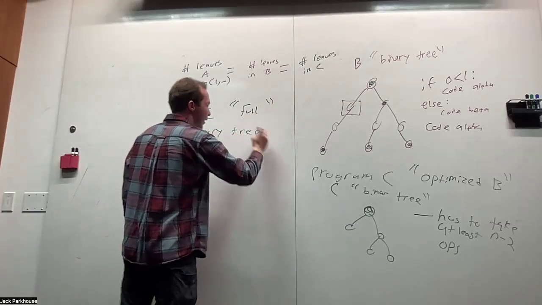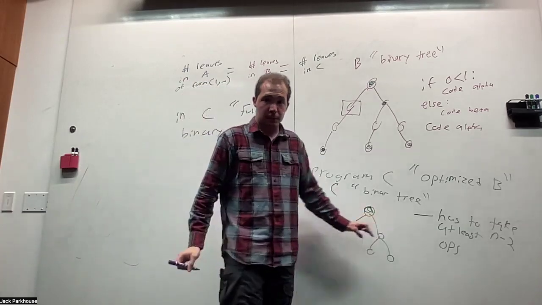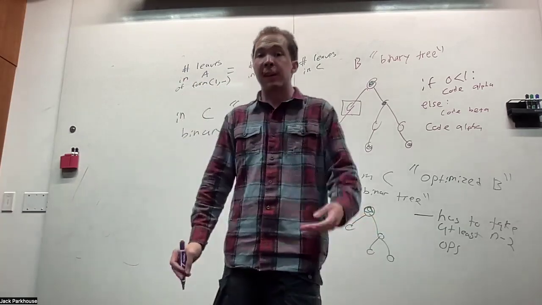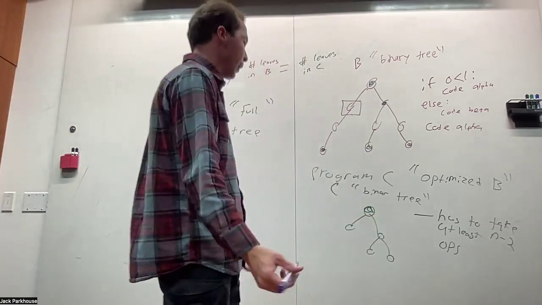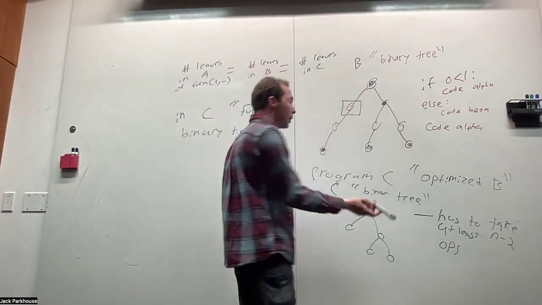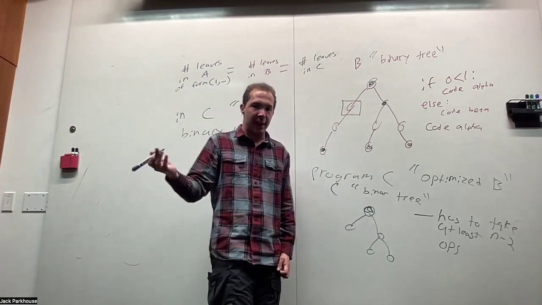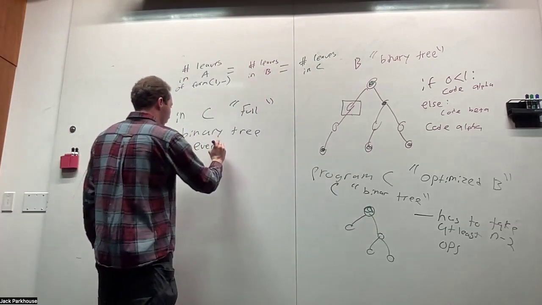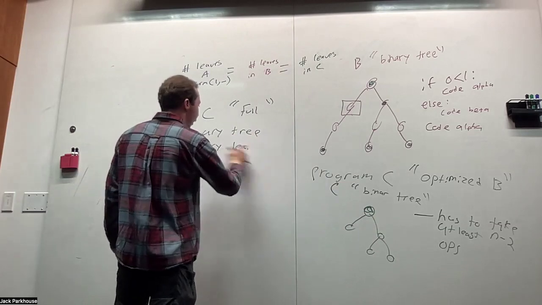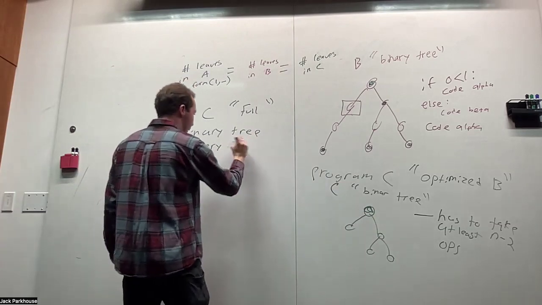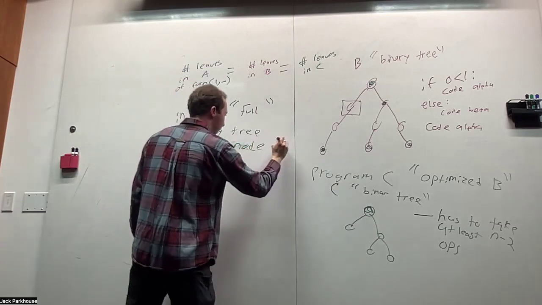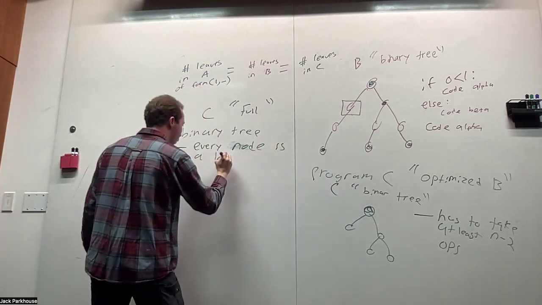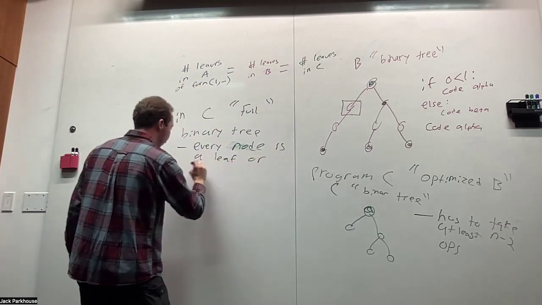What I mean by that is that every node either is a leaf or it has 2 children. Otherwise, it wouldn't be optimized. We could have deleted that node.